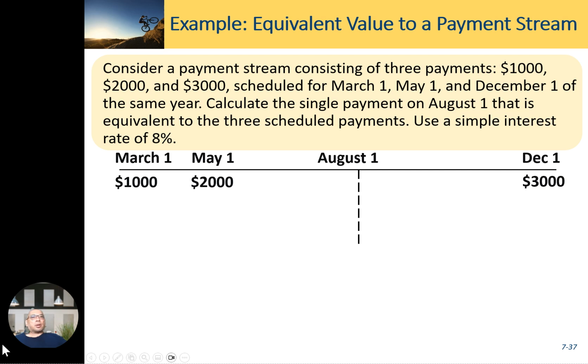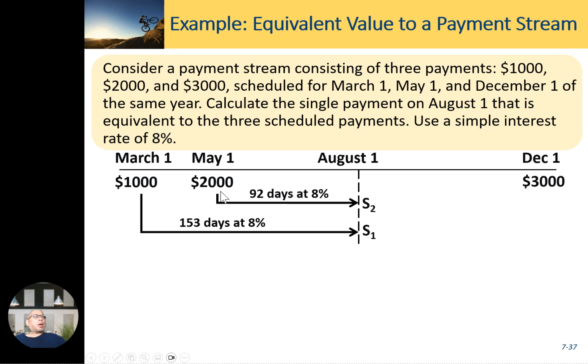December is $3,000. When you calculate from March 1 to August 1, it will be called S1, which is 150 days at 8%. The second one, May 1, $2,000 to August 1, is 90 days at 8%. And the third one, December 1 to August 1, is 122 days at 8%.